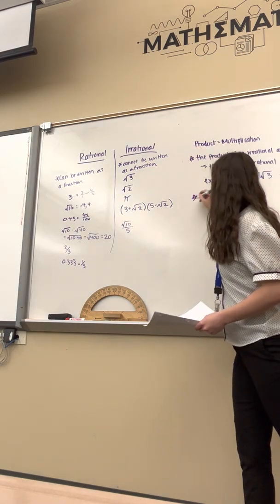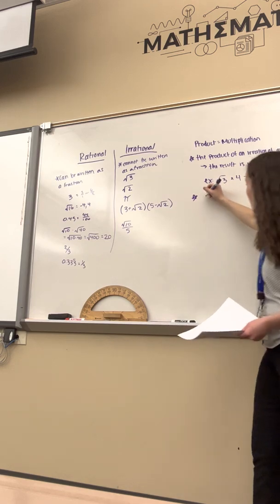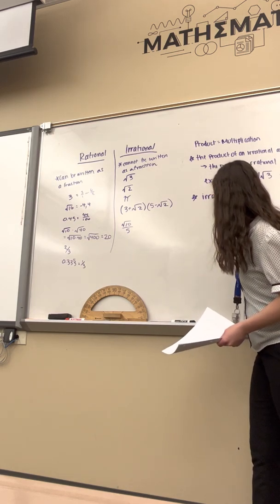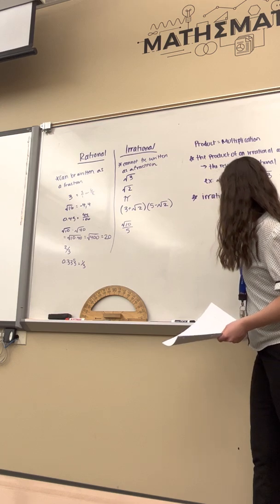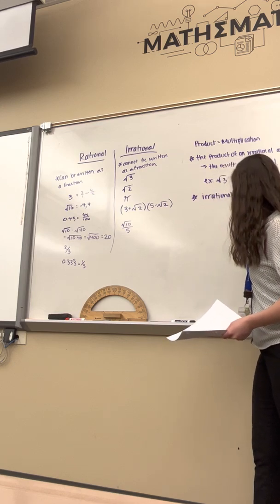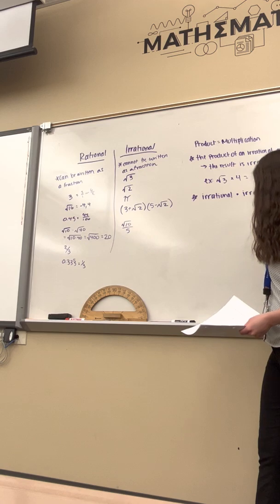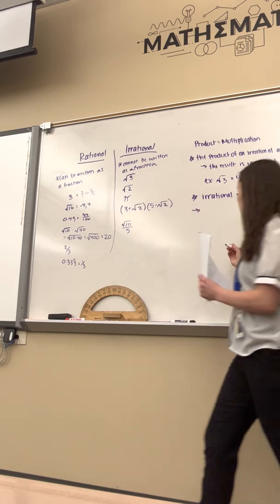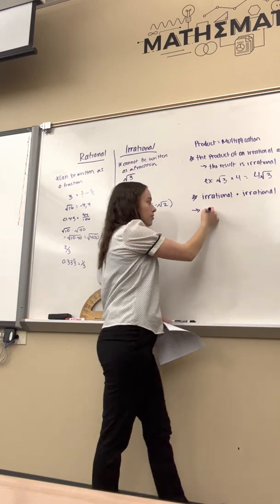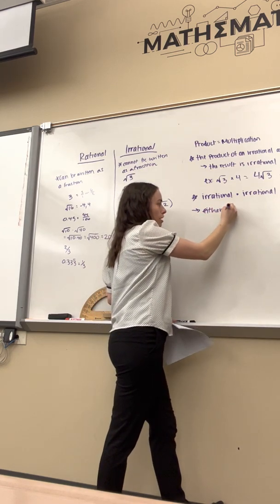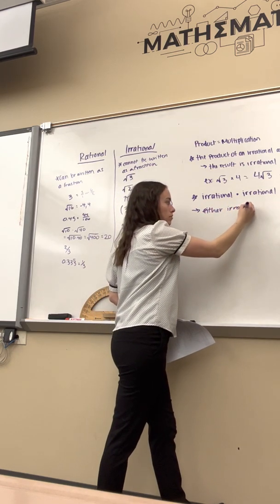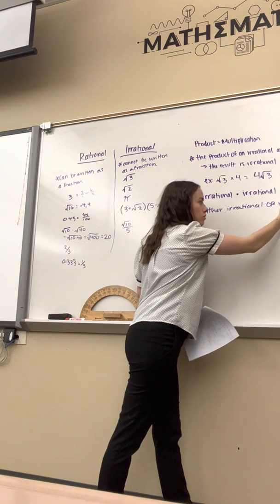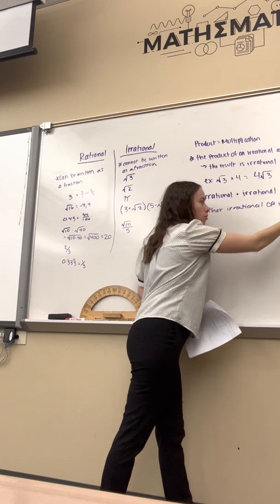And the second one is the product of an irrational with an irrational number. And the result here is going to be either irrational or rational. Why?